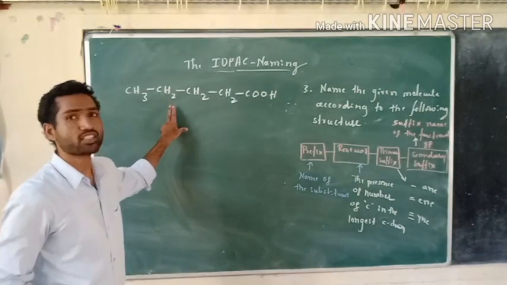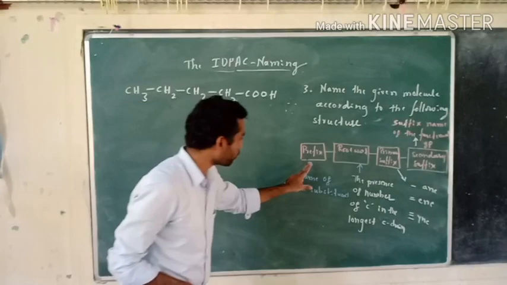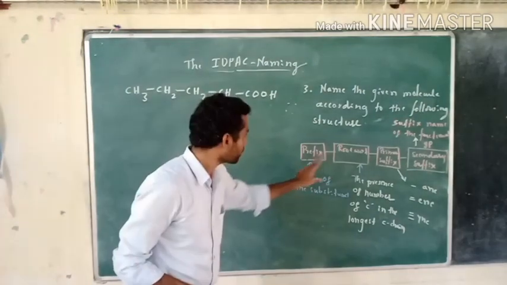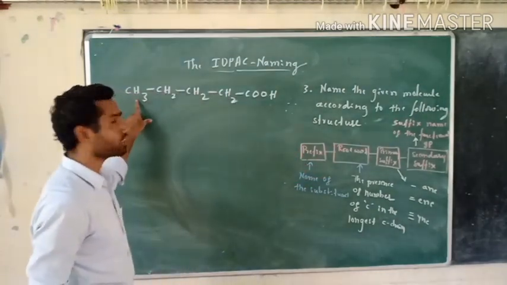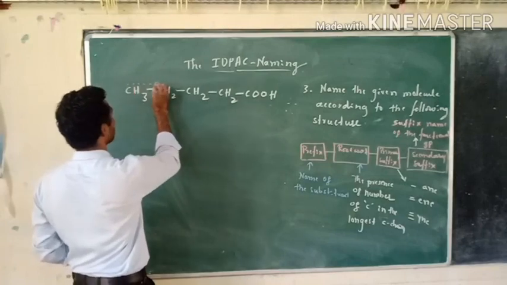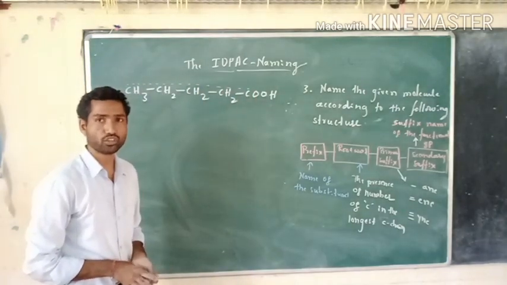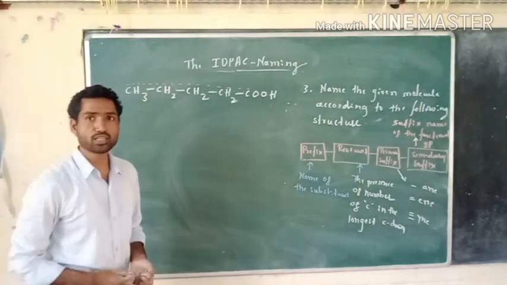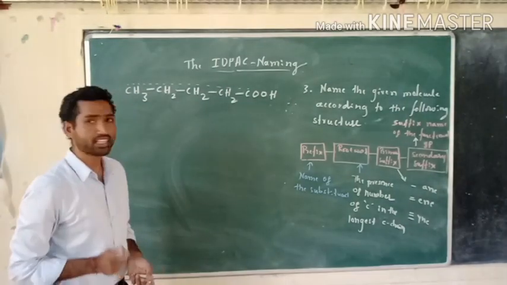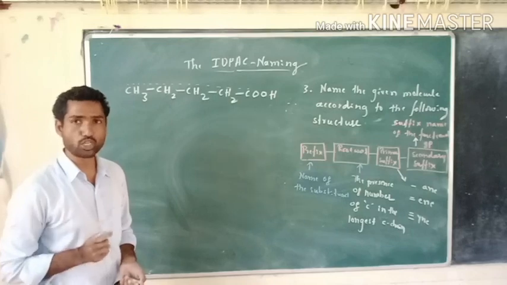So in this molecule, we don't have any substituents. Therefore, we are not supposed to write any prefix here. So we have to identify the longest carbon chain. The straight chain is the longest carbon chain in this molecule. The second rule is to number the longest carbon chain in such a way that the lowest number is given to the functional group or the substituent.